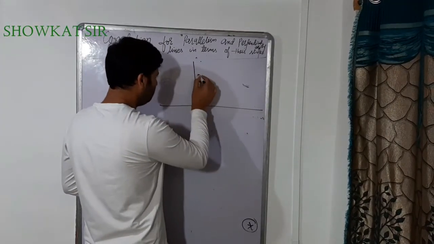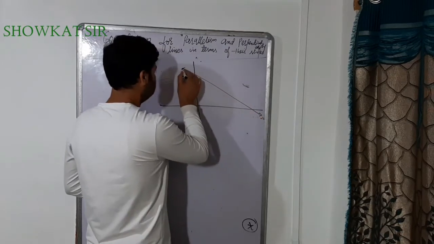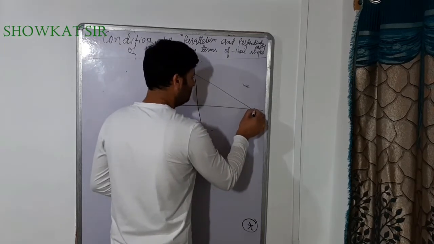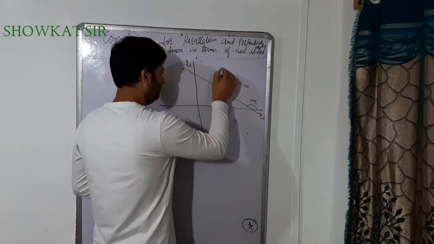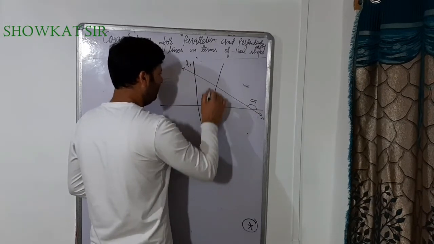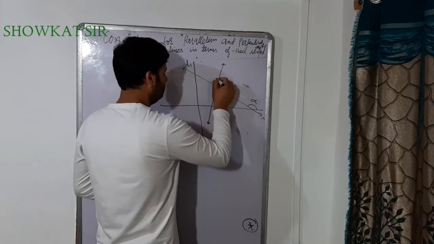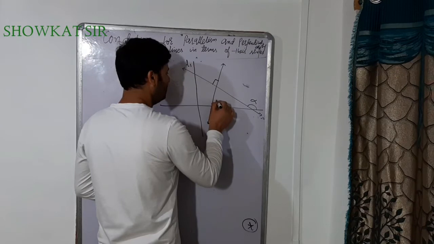These are the two lines. This is line 1, L1, making inclination say alpha. This is L2, making inclination beta.